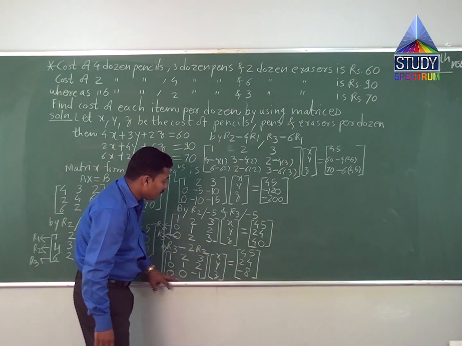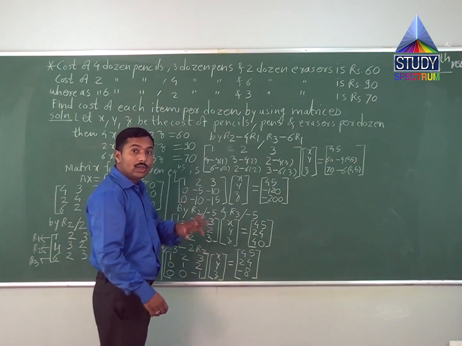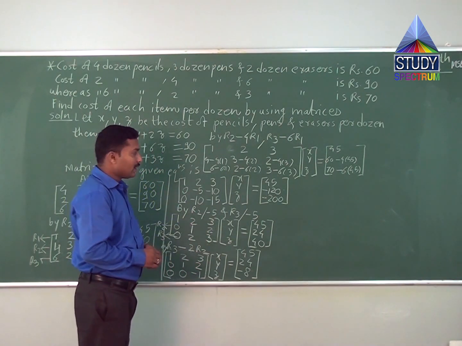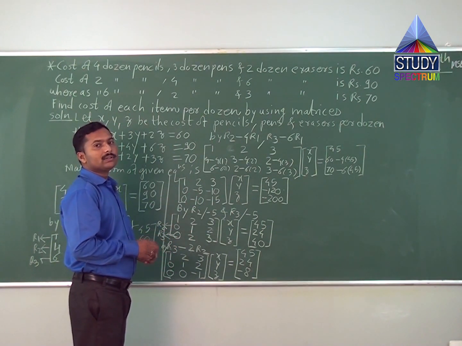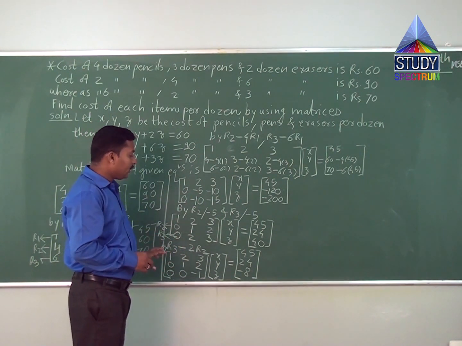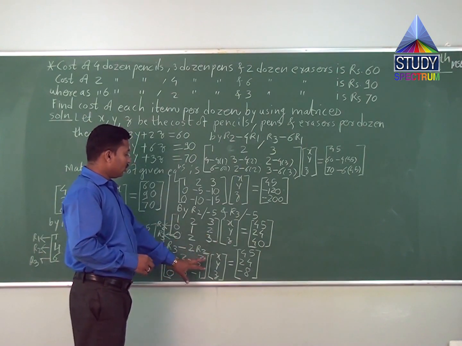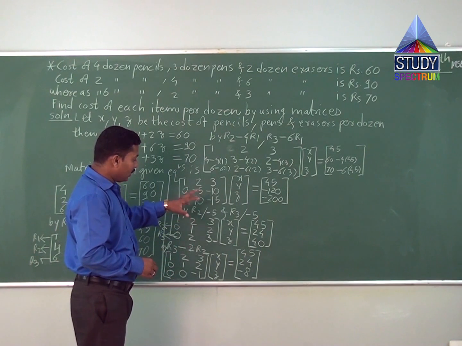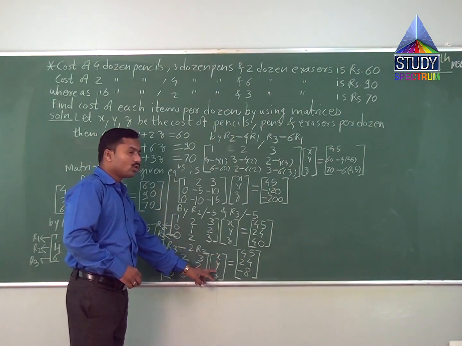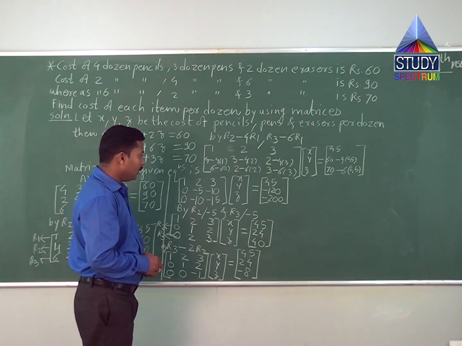So by multiplying these two matrices we get three equations in x, y, z, and by solving these three equations we get the values of x, y, z.